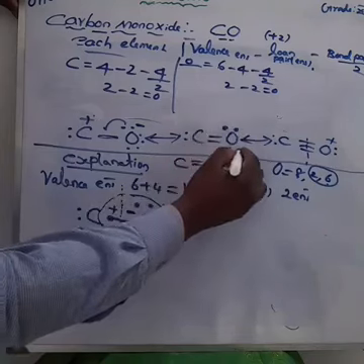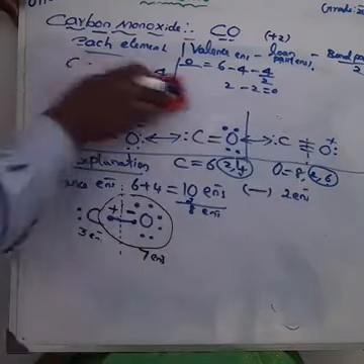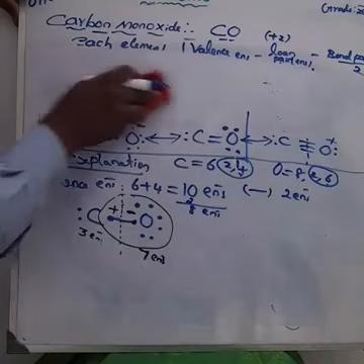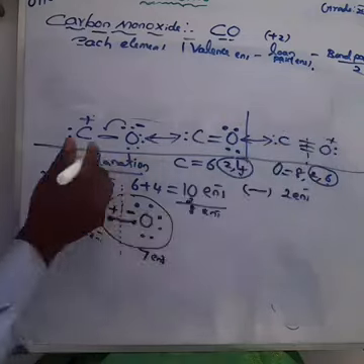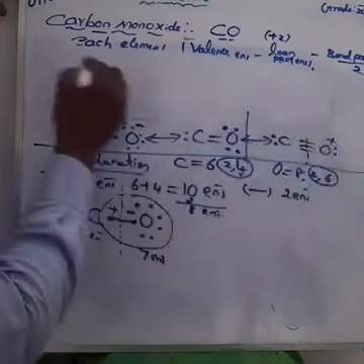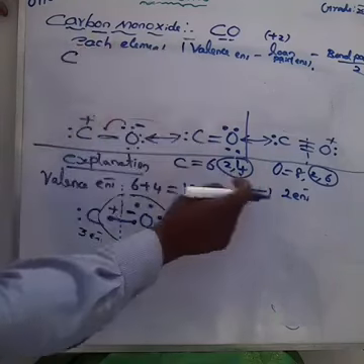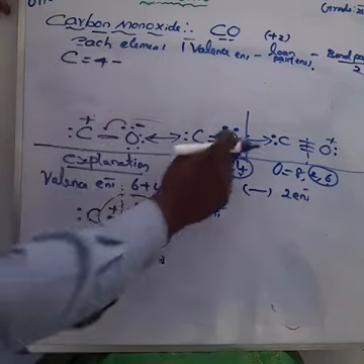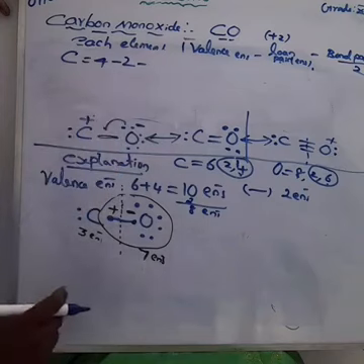Next one, the last form, carbon triple bond oxygen. How can you find out the charge for this one? Carbon also having 2 electrons, oxygen also having 2 electrons. For example, I am taking carbon. Valence electron of carbon is 4. 4 minus lone pair of carbon, here having 2 electrons, 2 minus, what is the bond pair?